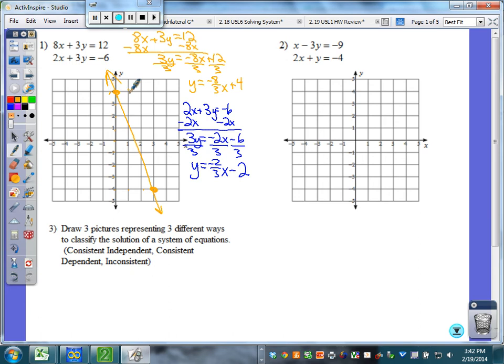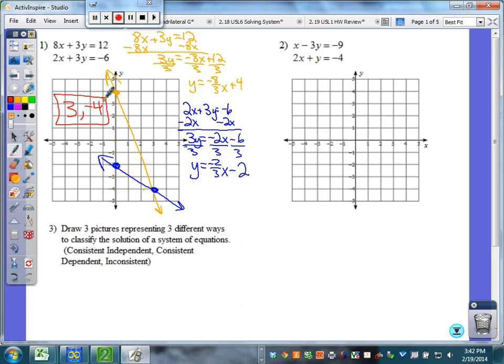All right, the next one, we're graphing it. Y-intercept is negative 2. My slope is down 2 over 3. And pretty easy to tell where our two lines intersect. So our solution is going to be (3, -4).